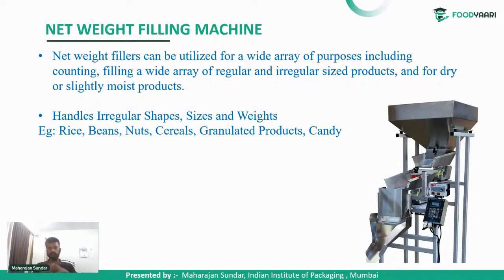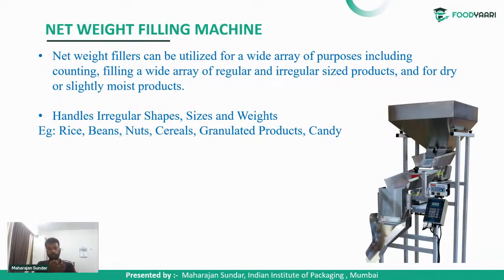It just consists of a hopper. We fill the product to be packed into the hopper. From the hopper, as per the computer setting, it permits a certain amount of product to a load cell. A load cell is generally a weighing machine which actually weighs the product.